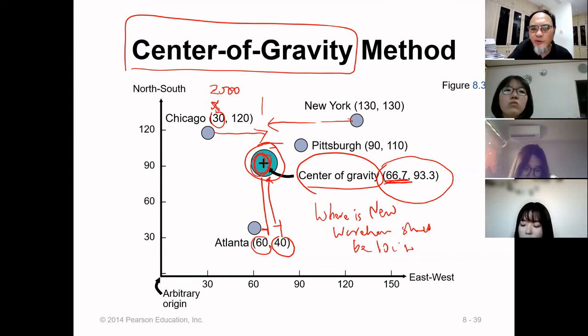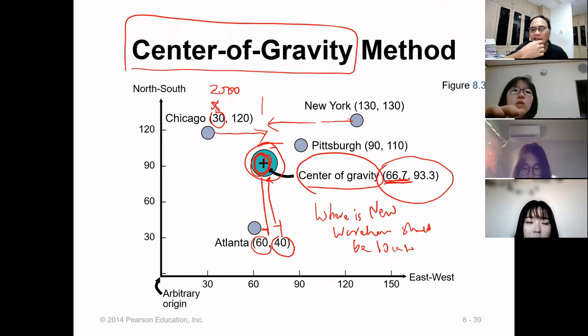This is where we are going to locate the new facility that will serve these current 4 markets. So this is a location to determine where you should put it. So the place is at the center of gravity. The location is 66.7, 93.3. Understand? Thank you so much.